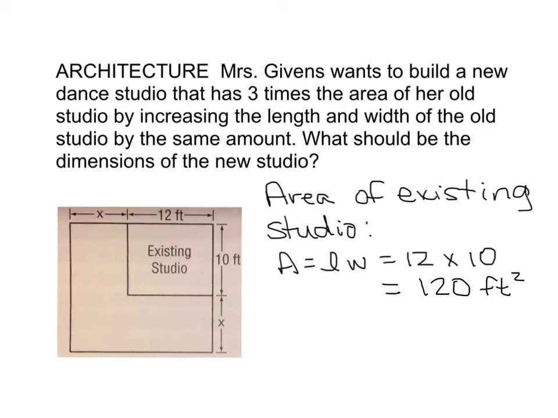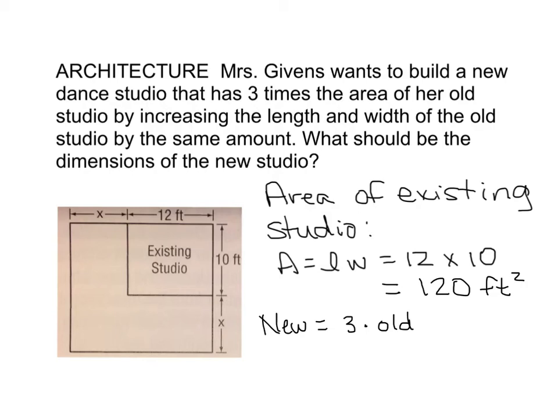squared. Now it says that we're going to increase the new dance studio by 3 times. So the area of our new dance studio is 3 times the old area.